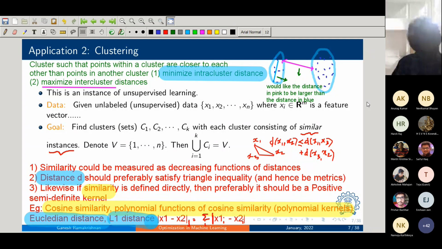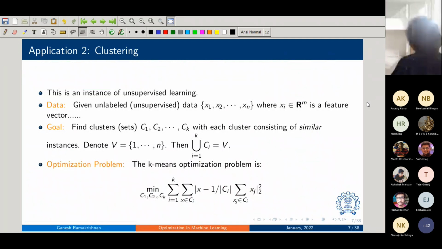So let's look at one particular optimization problem, the K-means optimization problem. This is just one example. Actually, the optimization problem can be written slightly more elaborately; we have compacted it. What are we trying to do?